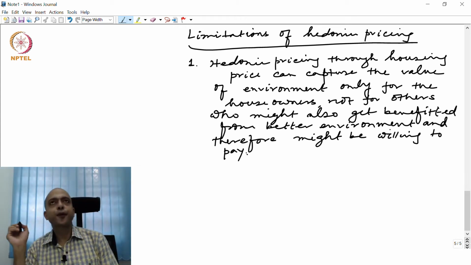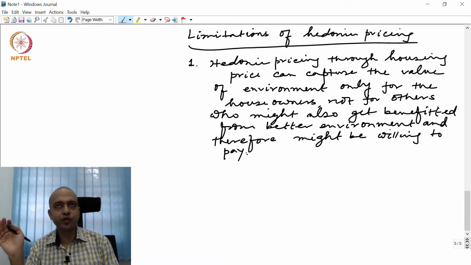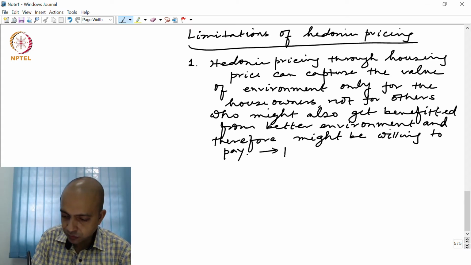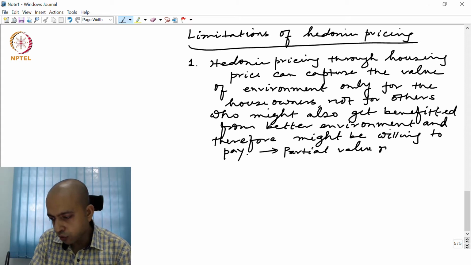This is the biggest limitation. We assume it is only the house owners in that locality who are going to benefit. That is why a sum total of the house owners' willingness to pay is the value of the environment. However, there are others who might also benefit from environmental quality improvement. This approach cannot capture their value. That is why we can say that it is a partial value of environment.